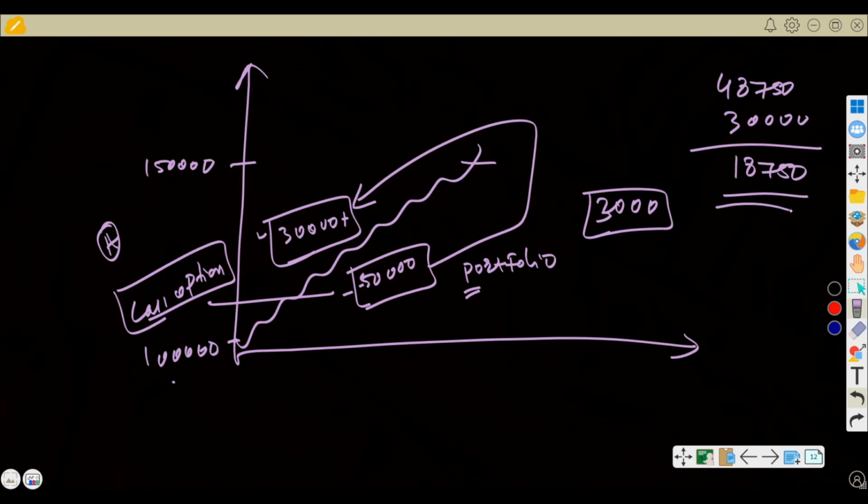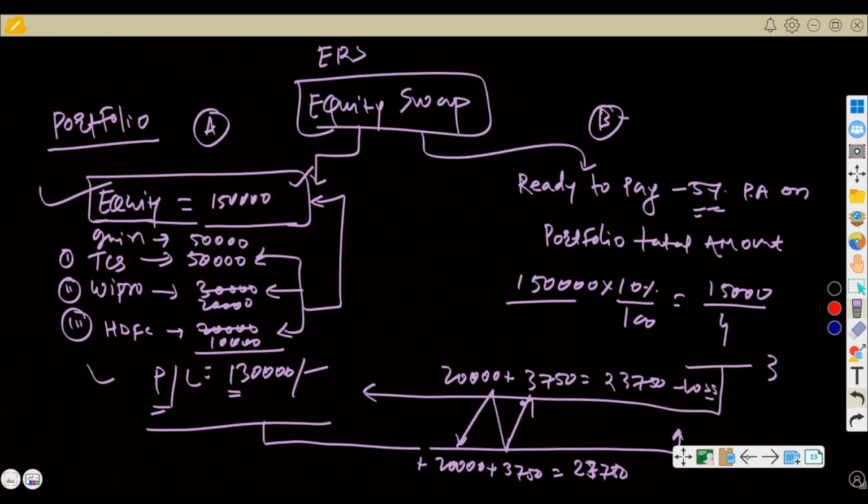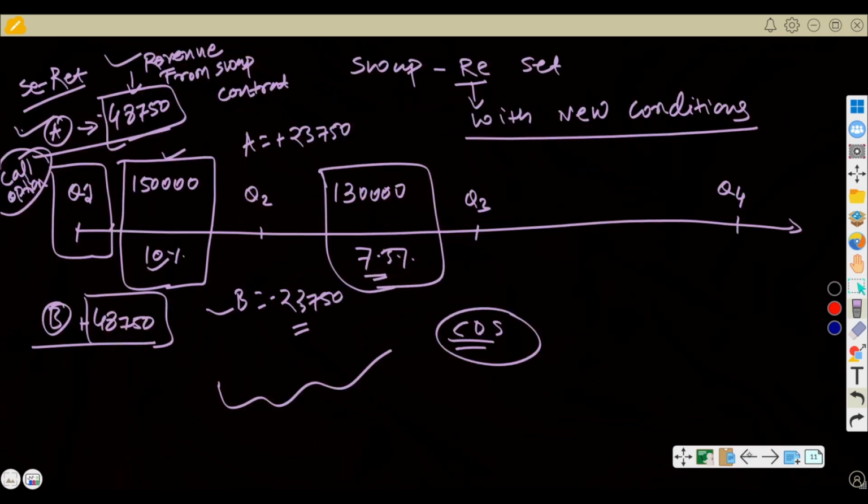They know why they have entered it, and on top of that, let's assume at the end of the quarter, instead of 23,750, it's a 500 crore value.